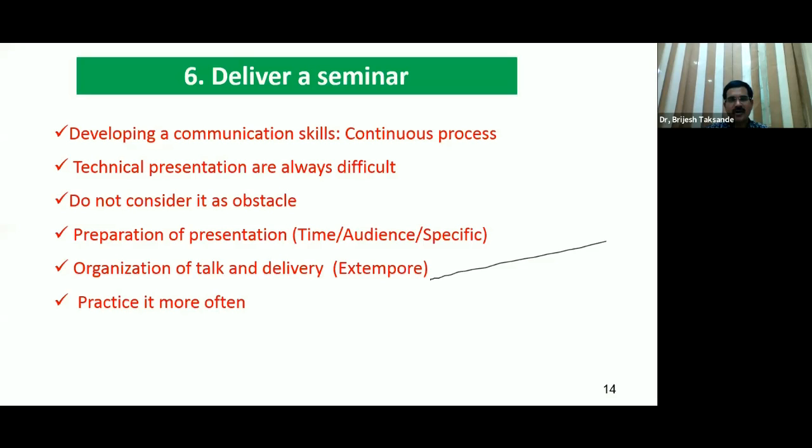Not necessary that it would be only applicable in your PG program, but lifelong you would be requiring these qualities. So developing a communication skill is very important. And I'm telling you, this cannot be inherited.